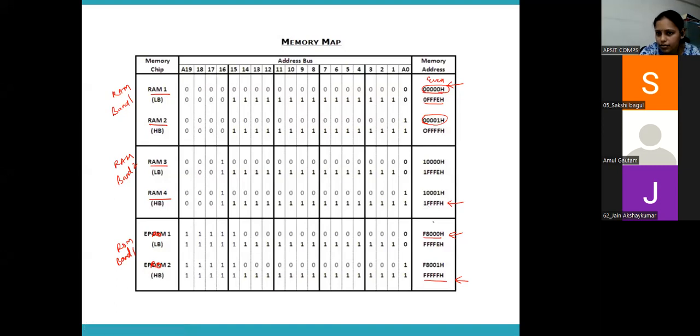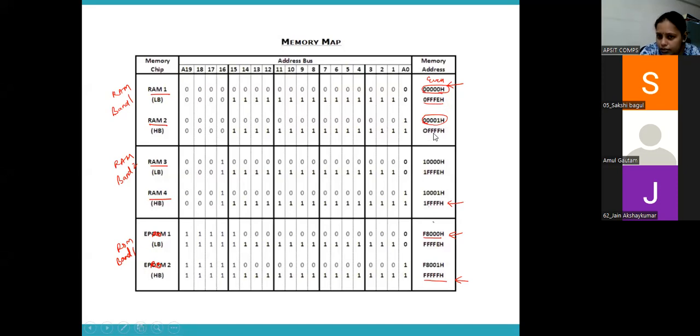Right? And if this is 0FFFFH, then this will obviously be 0FFFEH, right? Because when you look at the comparison of even and odd addresses, the address before 0FFFFH will go into the even bank, right? So this is 0FFFEH.